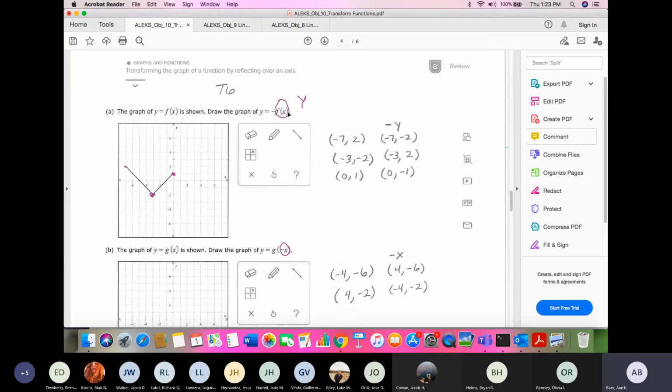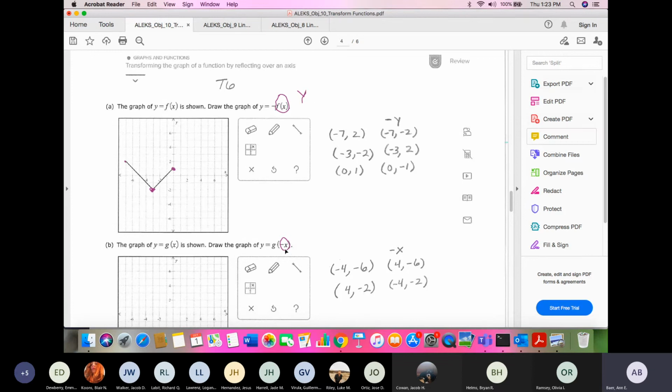Here, it's f of x, but f of x is really y. F means find the y coordinate of the f function when x is a certain number. So it means y. Down here, the negative sign is in front of the x.